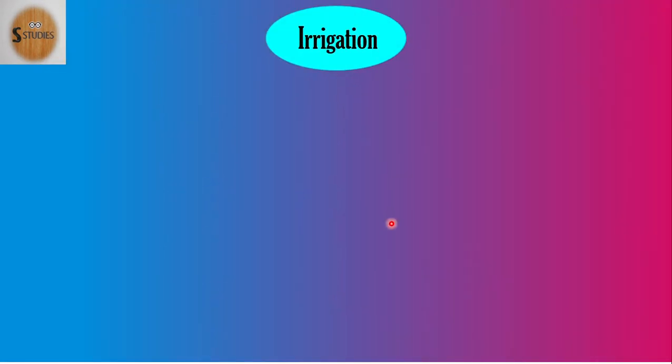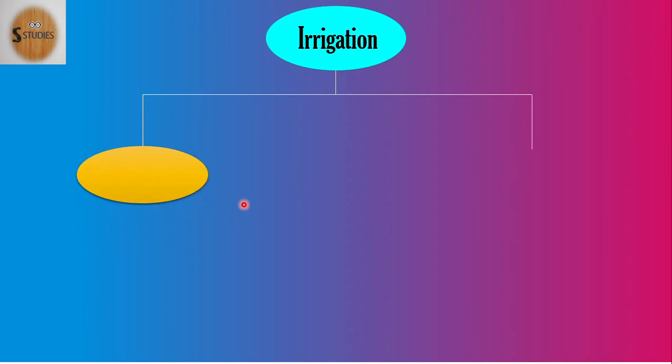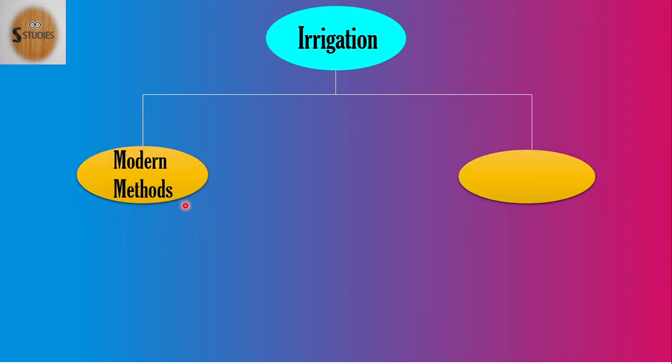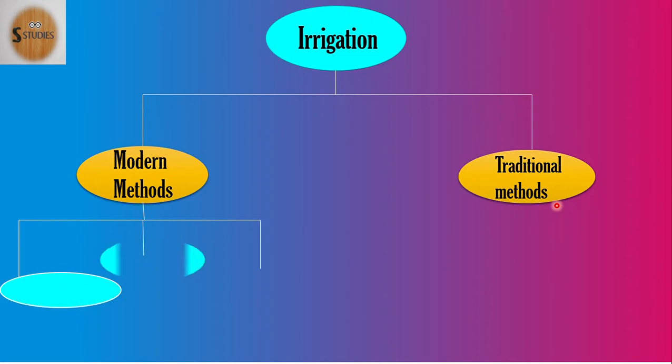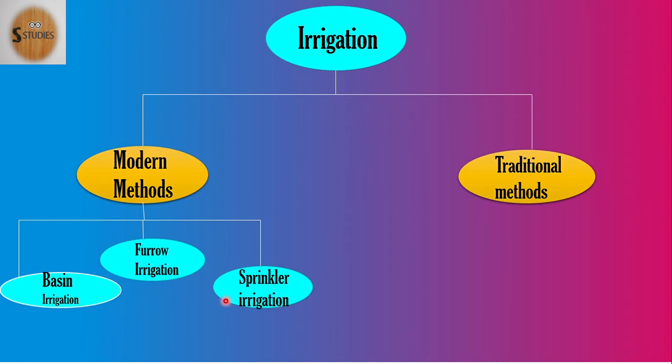Now, irrigation is divided into two methods: modern methods and traditional methods. In modern methods, we have three types: basin irrigation, furrow irrigation, and sprinkler irrigation.